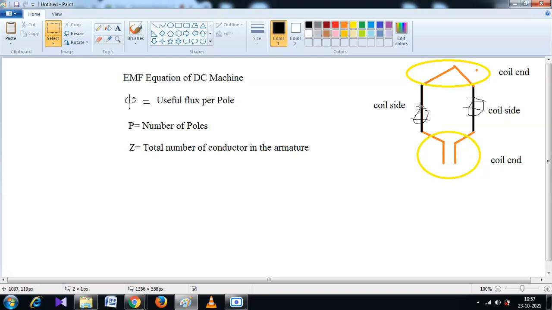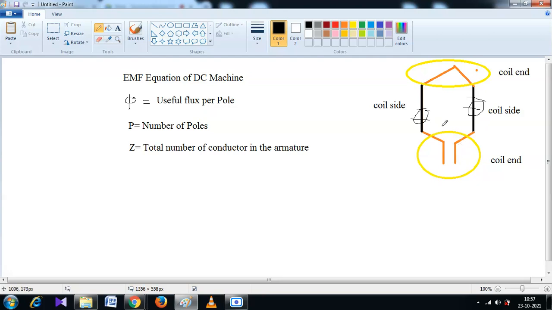That means this black marking is a conductor, and this other black side is also a conductor. That means there are two conductors.